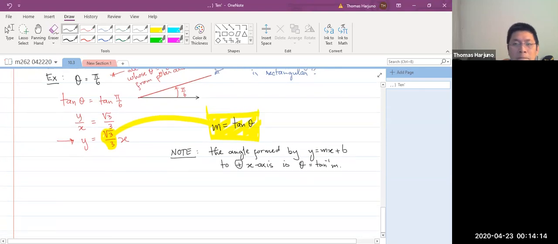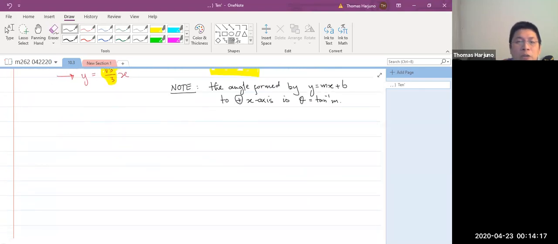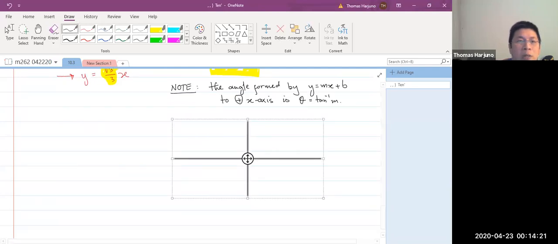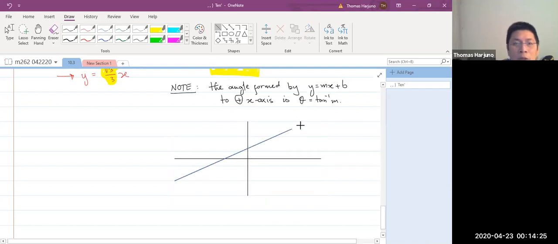Okay, now let's visualize that. Suppose I have a coordinate system here, and I have a line that goes this way. Okay, now this is our y equals to mx plus b. Okay, now this is angle theta here.